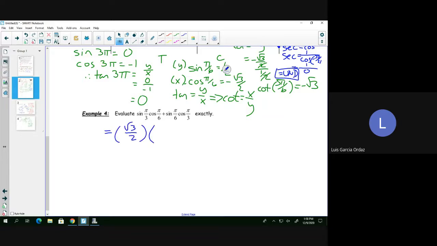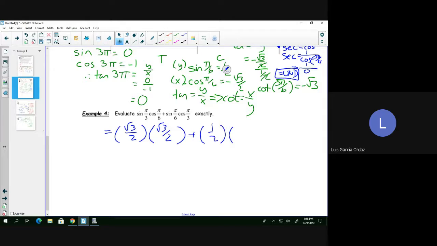What is cosine of pi over 6? Root 3 over 2 as well. What is sine of pi over 6? One over 2. And what is cos of pi over 3?